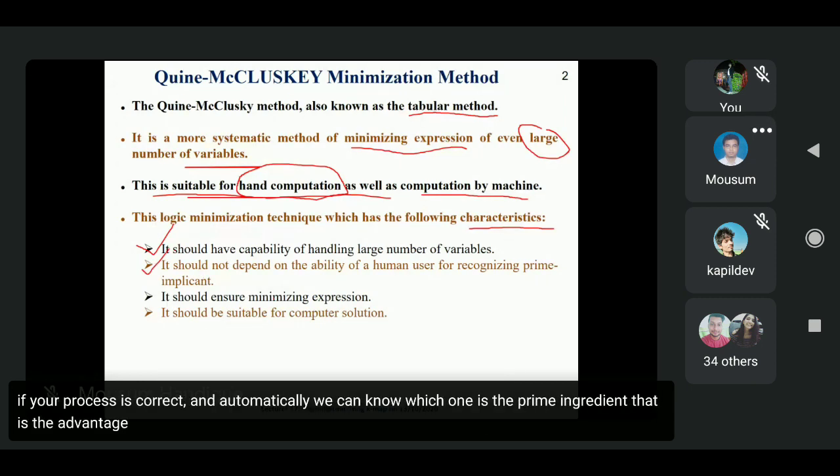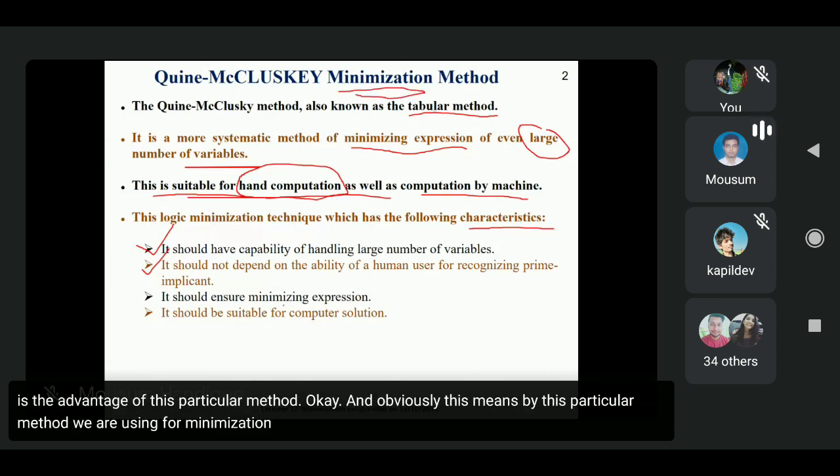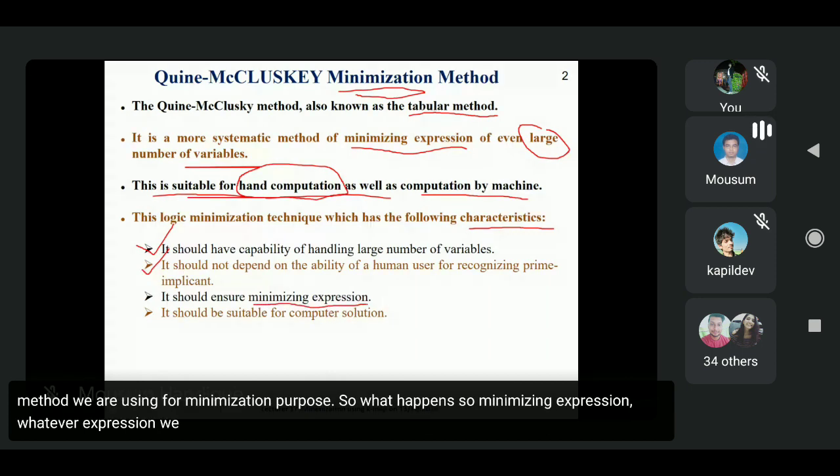We use this method for minimization purposes, so whatever expression we get is a minimized expression.